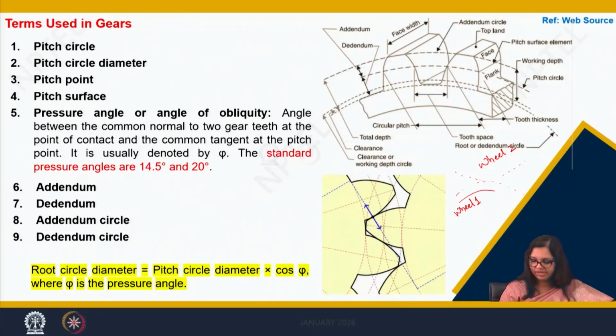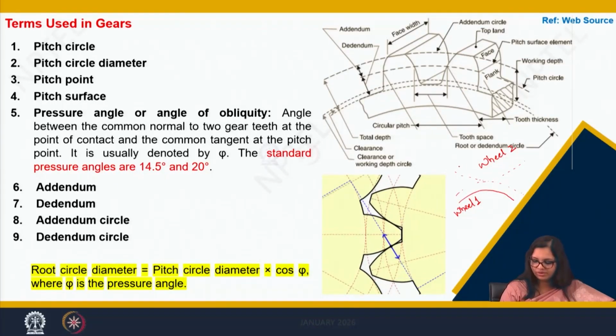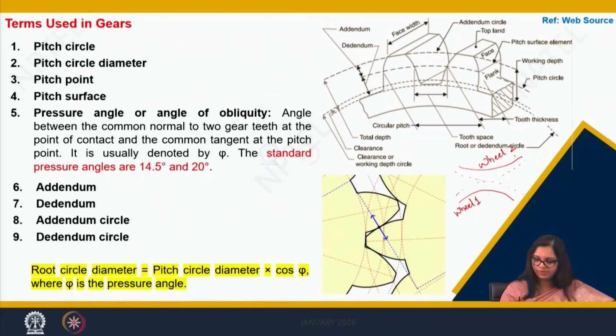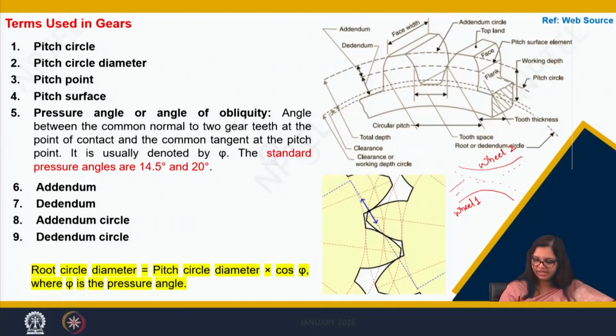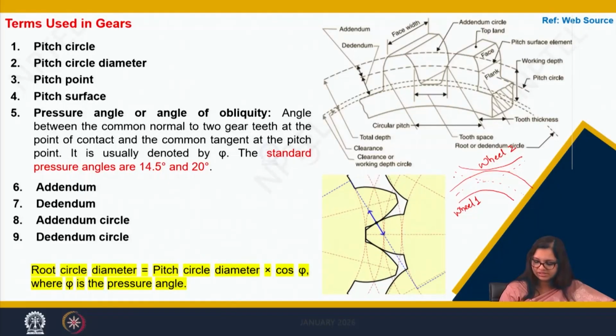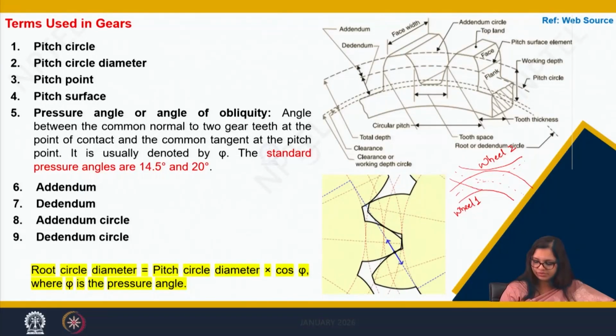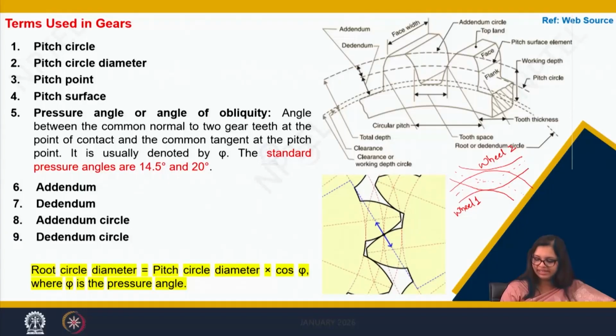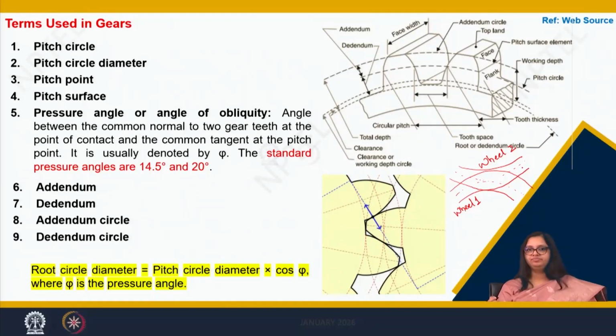Now there will be a base circle of these two wheels. Now again there will be two circles which we call the addendum circle.